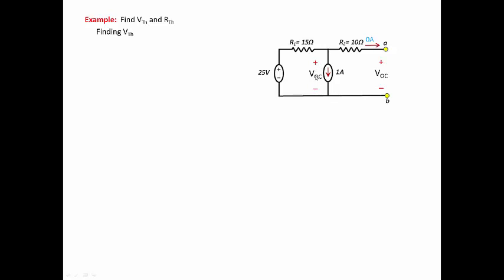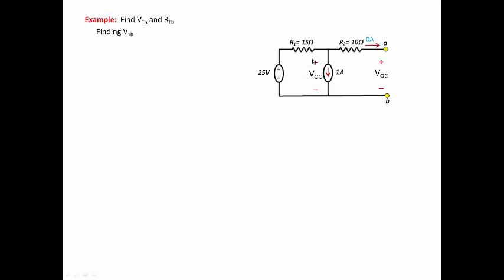Now what you end up with here is what we call a single loop circuit. Because this resistor is open circuit, it's almost like it's disappearing, it doesn't exist. Usually in a single loop circuit, the objective is to solve for the current within the loop, and clearly the current within the loop is given to us to be 1 amp.